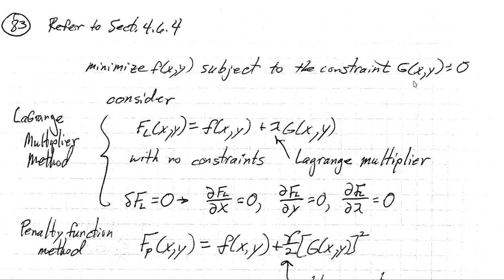But we don't do it simultaneously. Instead, what we do is introduce this other function that includes the momentum equations and then this constraint, and we introduce this unknown constant. So this is what's called a Lagrange multiplier.